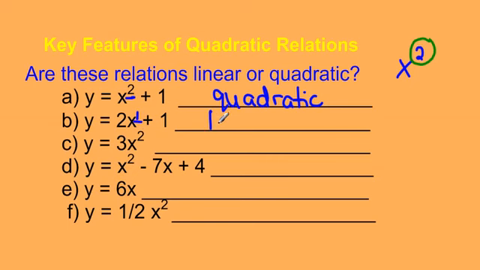So that is linear. 3x squared, it has a degree of 2, so this is quadratic. X squared minus 7x plus 4. The degree of this equation is 2, so it's quadratic.